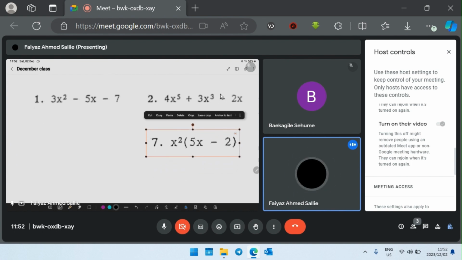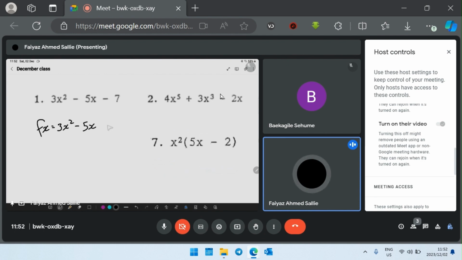So for number 1 you are given 3x squared minus 5x minus 7. In the exam room you will be given a function which is 3x squared minus 5x minus 7, d over dx.